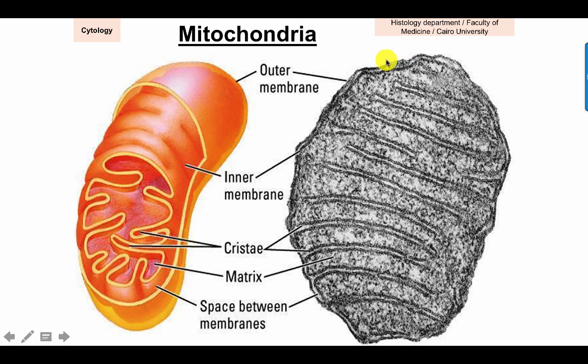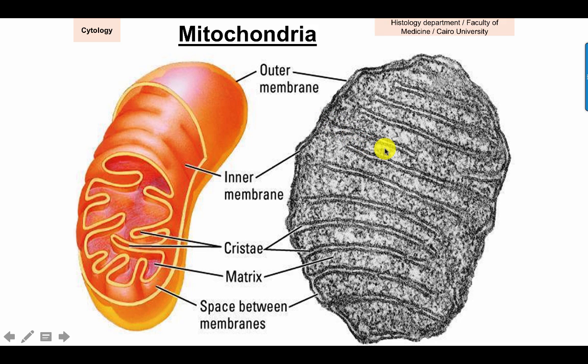Here is the EM picture, the two membranes, the outer one and the inner one, and of course the outer one is more permeable than the inner one. It has pores called porin, and we have the intermembranous space in between the two membranes, and then we have the cristae arising from the inner membrane.